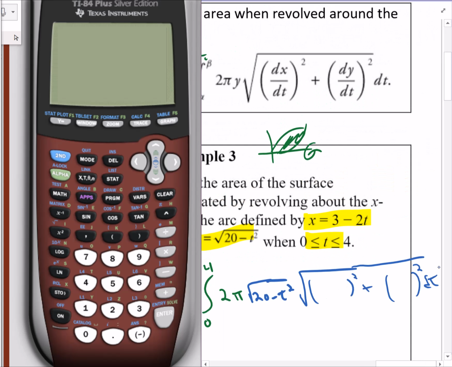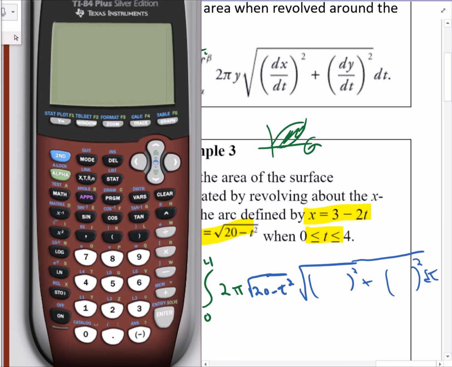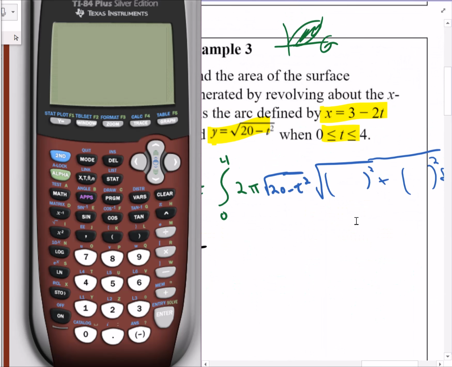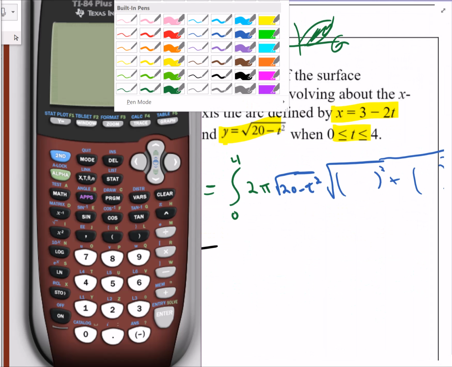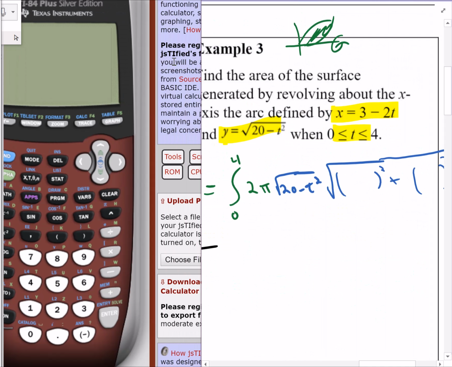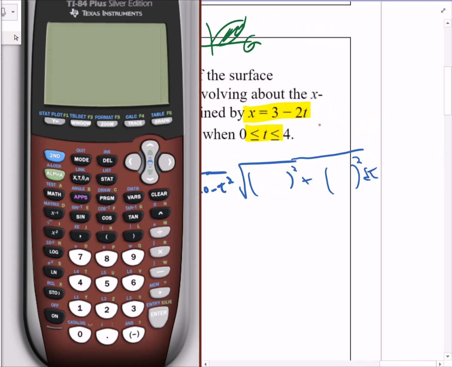with respect to t. Right, so I need to figure out what's the derivative of the x piece, what's the derivative of the y piece. Let's do that. Maybe we can do it just on the side over here somewhere. So y is 20 minus t squared, square root, which is that to the 1/2 power.